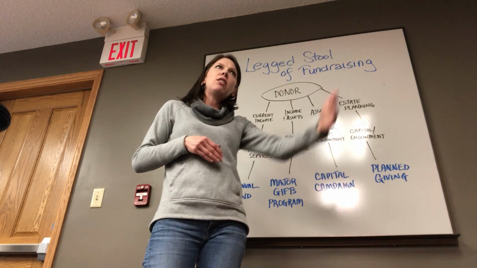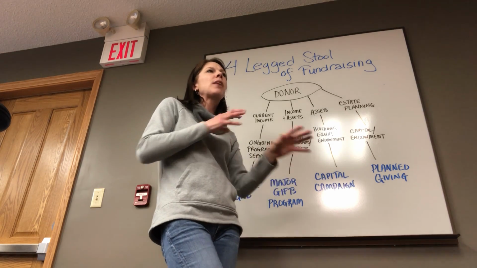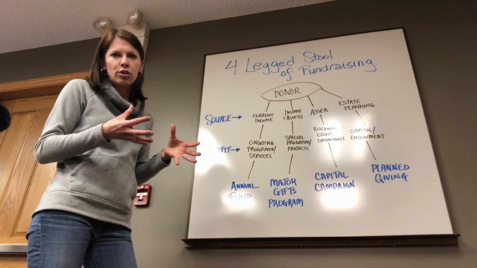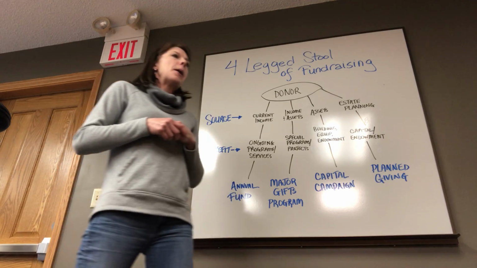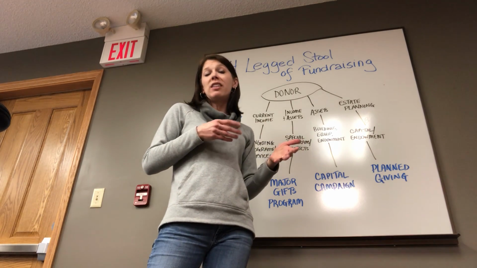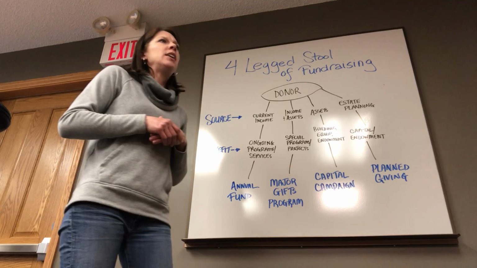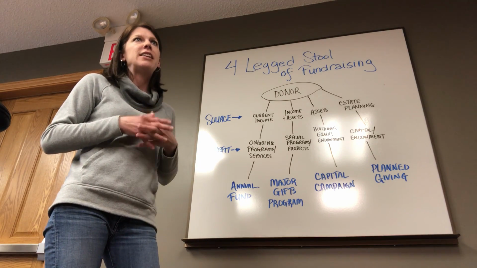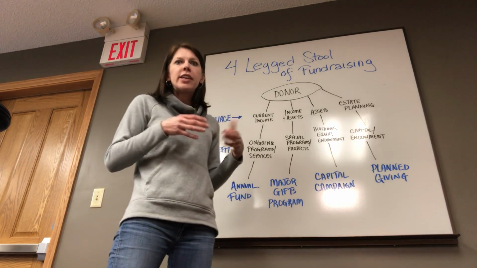It is something in the future that they are planning for, and it could come from a very different revenue source for them. That could be a gift of real estate in the future, it could be a gift of a life insurance policy, a bequest, things like that.